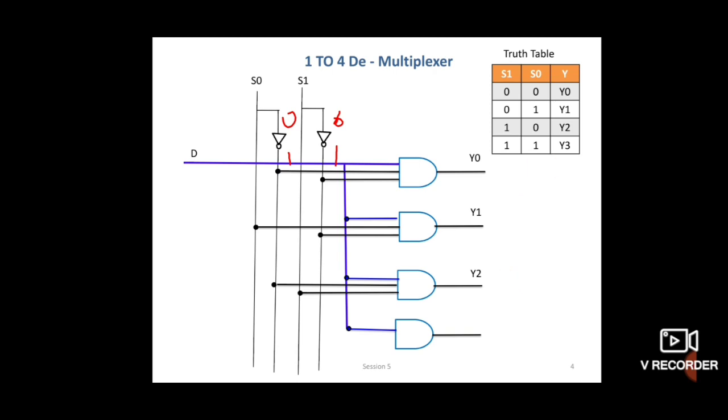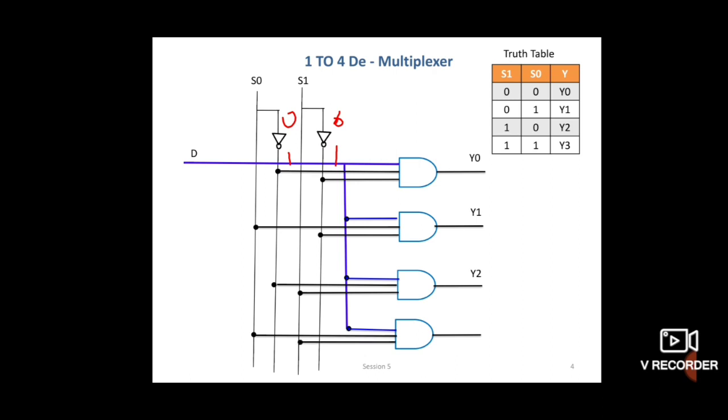Now the last case, if S1 is equal to 1 and S0 is equal to 1, then Y3 can be selected.